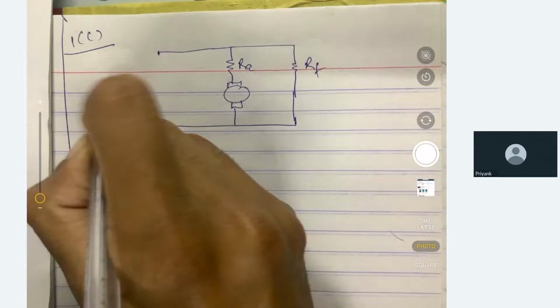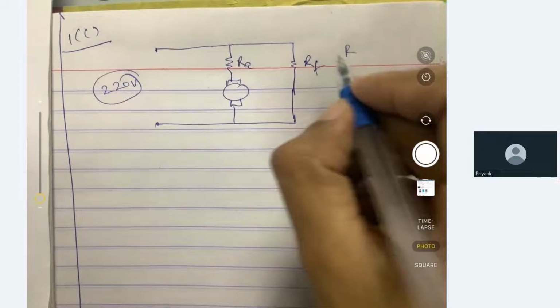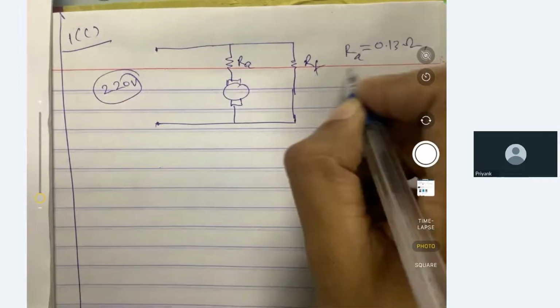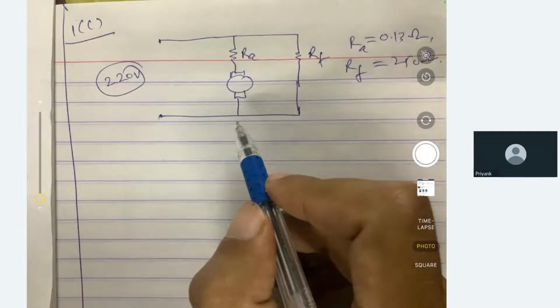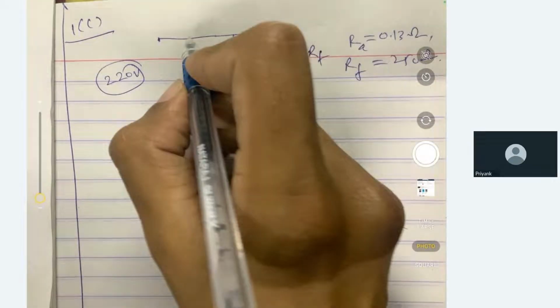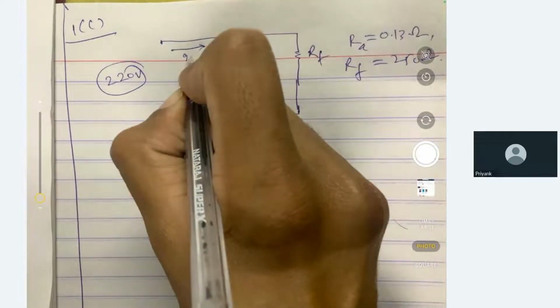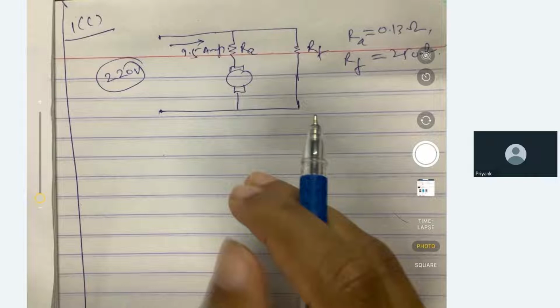RA is 0.13 ohm, RF is 250 ohm, and the rotational loss is 230 watt. On full load condition, the line current is 9.5 ampere, and the motor is running at 1440 RPM. They are asking us to determine the mechanical power developed.